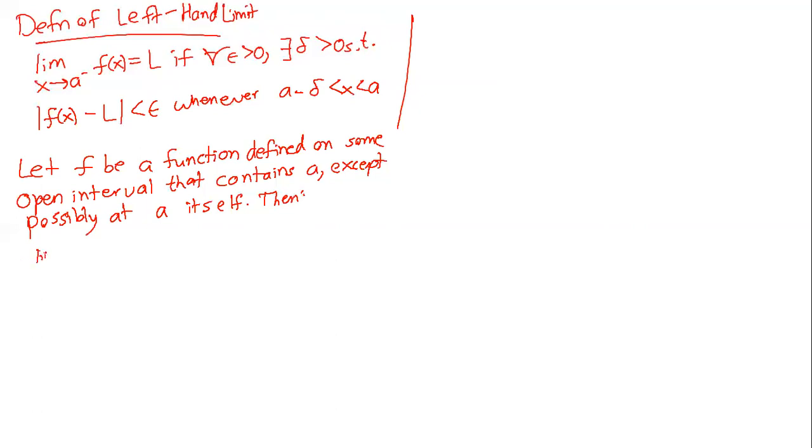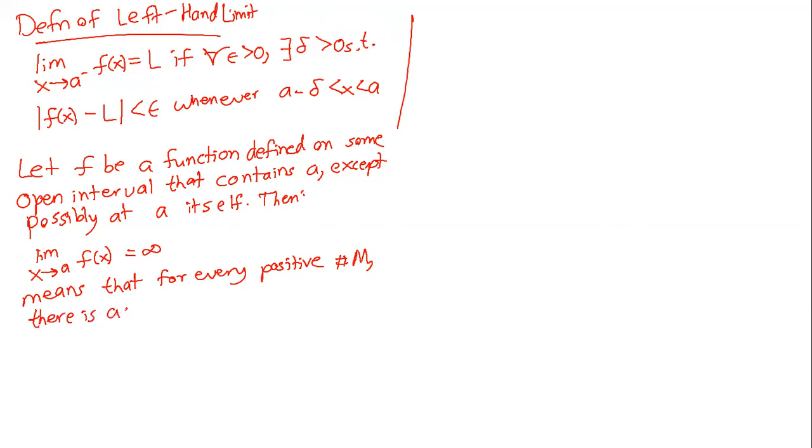Then we have that the limit as x goes to a of f of x equals infinity means that for every positive number M, there is a positive number delta such that f of x is greater than M whenever 0 is less than |x minus a| is less than delta.